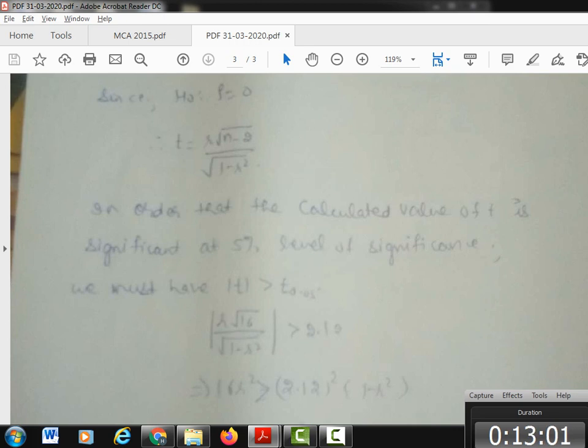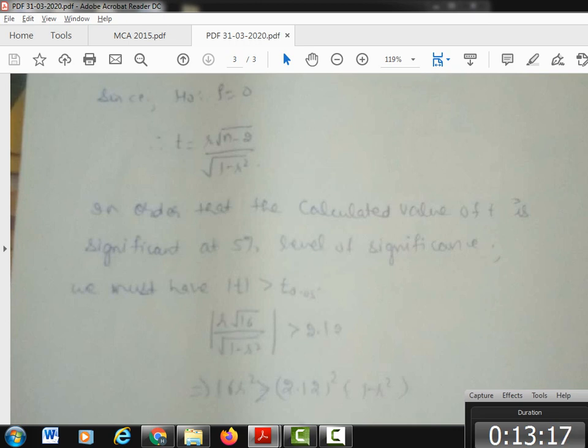It means the table value of t at the 5% level of significance with this much degree of freedom. The degree of freedom depends upon the application which you are using, because the degree of freedom varies in each and every application.